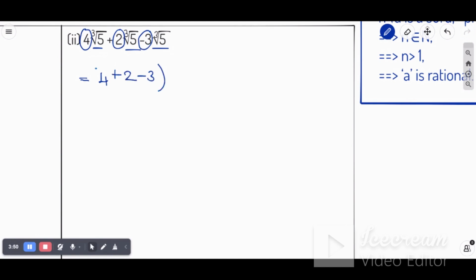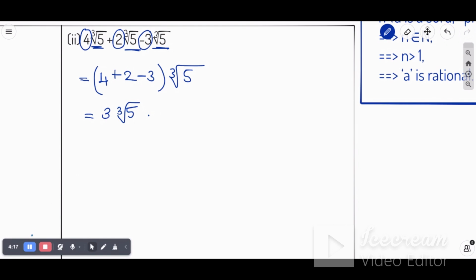If you take all this as common, what is left over in everything? Cube root of 5. Please make sure that you have the cube root everywhere, else you can't add it. Only if it is the same surd can you add or subtract, otherwise you have to make it the same and then add. So 4 plus 2 is 6, 6 minus 3 is 3. So this will be 3 cube root of 5. Hope you understood this also.